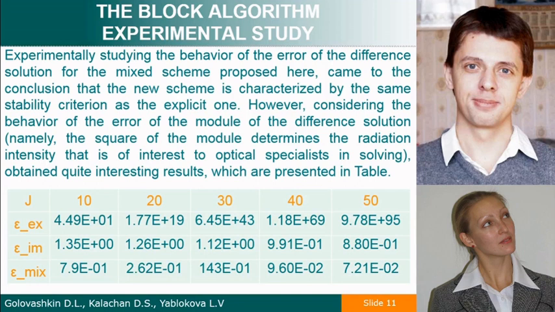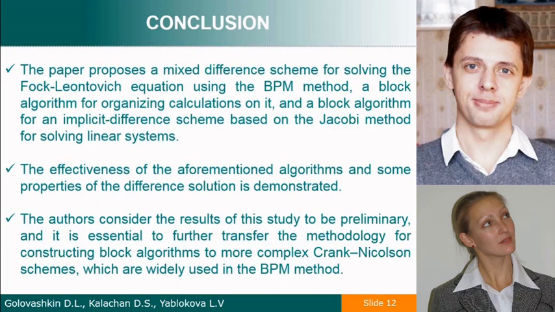This experimental result requires a theoretical interpretation that can be proposed in the future. This paper proposes a mixed difference scheme for solving the Fock-Leontovich equation using the BPM method, block algorithms for organizing calculation on it, and a block algorithm for an implicit difference scheme based on the Jacobi method for solving linear systems.